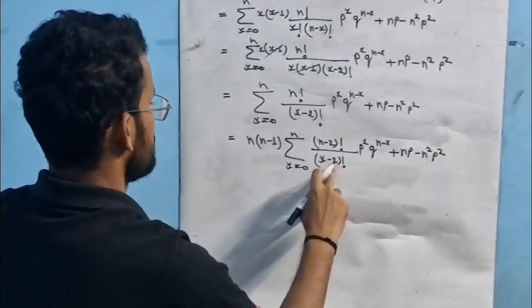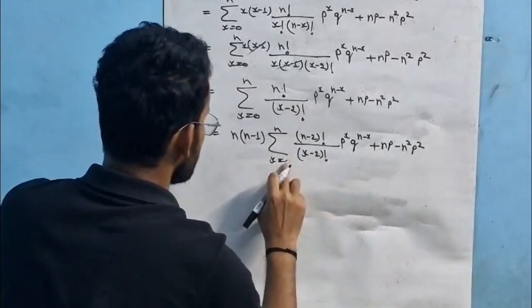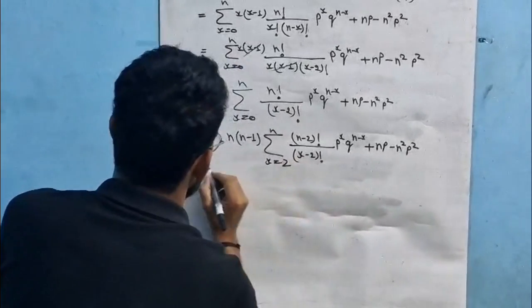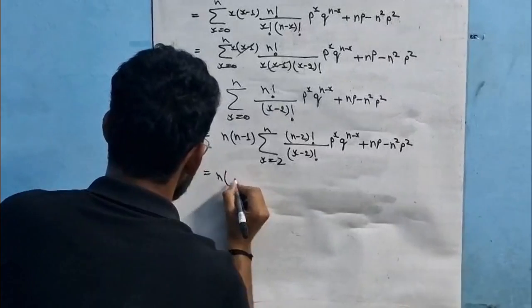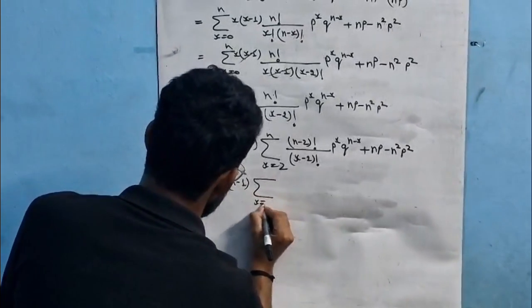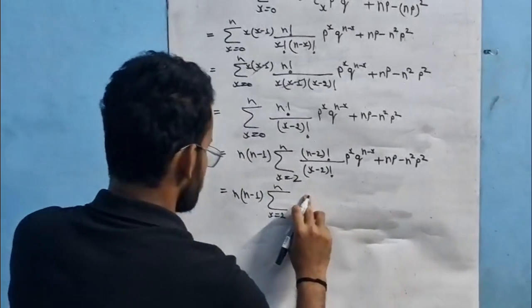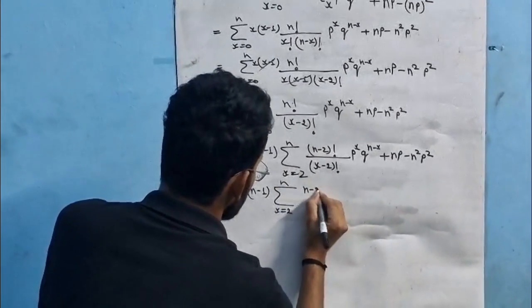Here we have x minus 2 factorial, so the summation starts from x equal to 2 and goes to n.